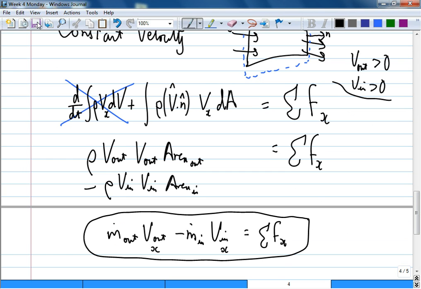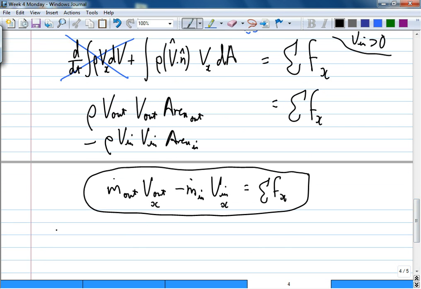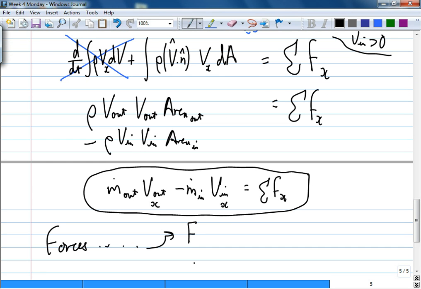Okay. Let's do next. I forgot to talk about forces. So on the right hand side, we normally have forces. There are a few that you need to worry about. Normally there is external forces.